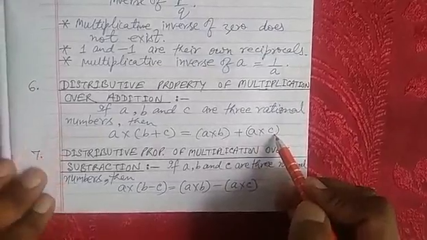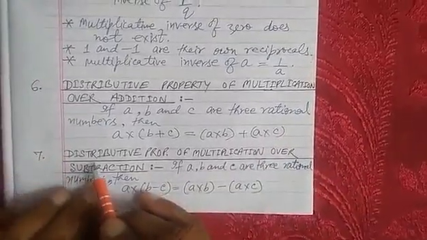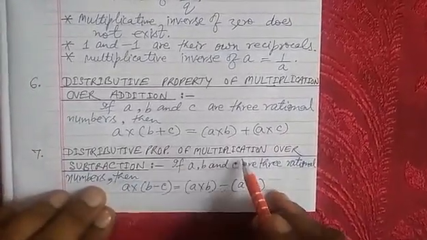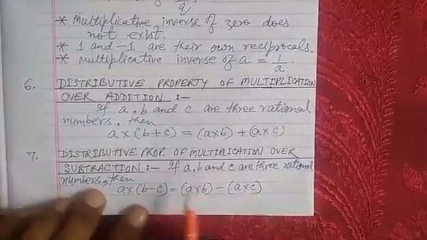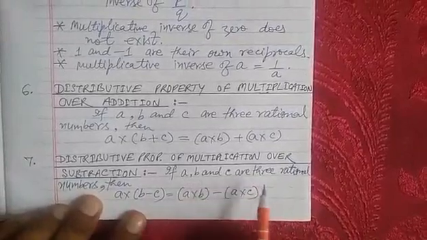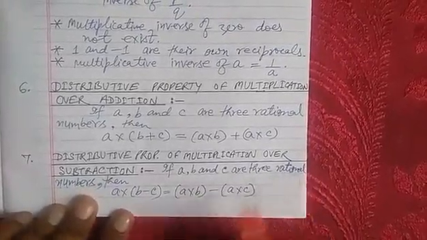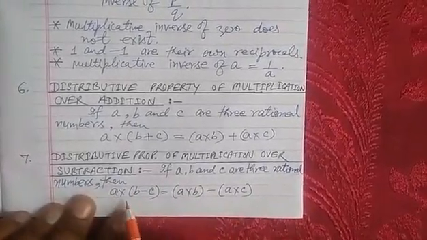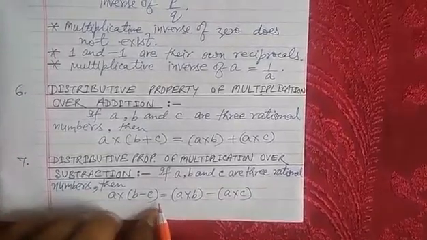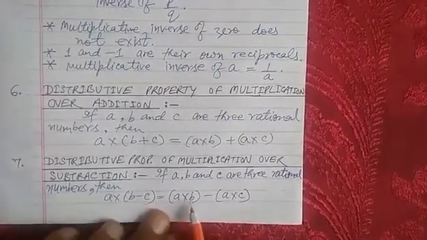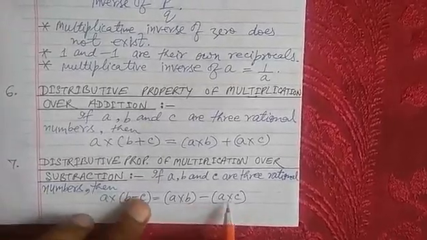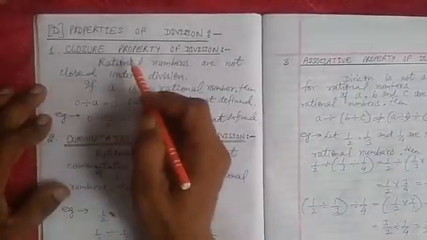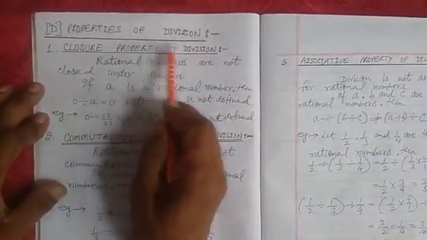Seventh property is distributive property of multiplication over subtraction. If A, B and C are three rational numbers, then A into (B minus C) is equal to (A into B) minus (A into C). Now, properties of division.